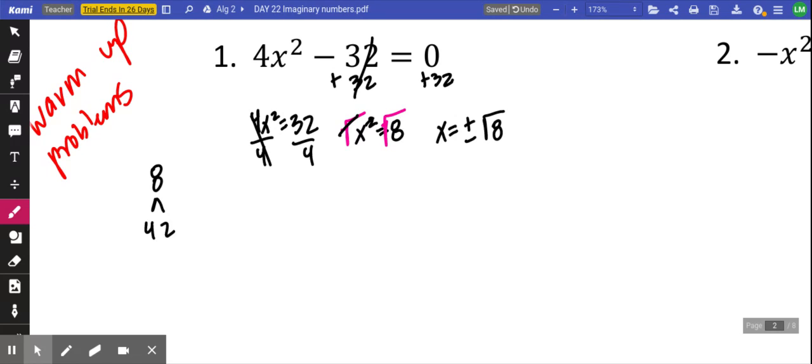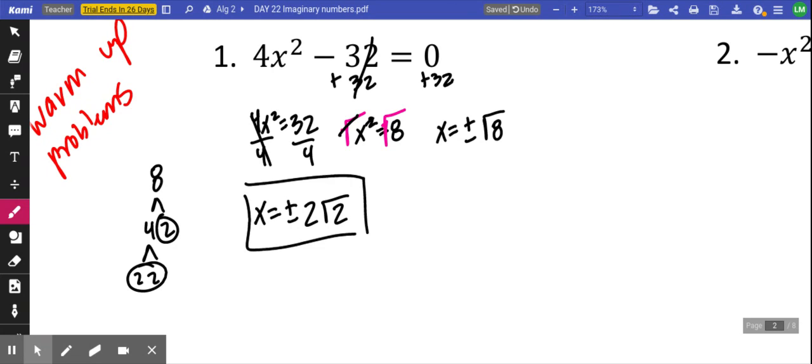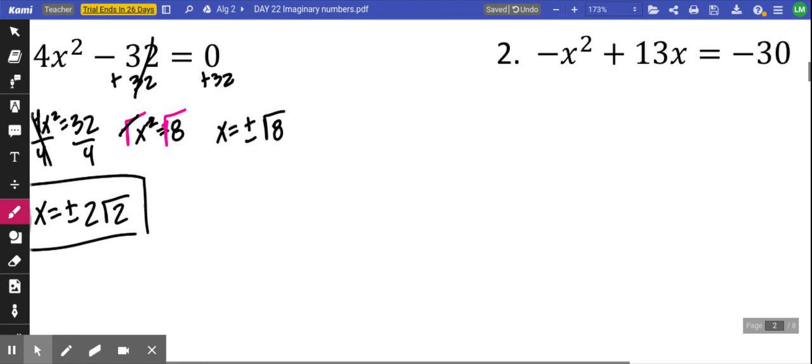So 4 times 2 is 8, and then 4 is 2 times 2. Hey, I've got a group of 2's, so I can pull one of those out, right, because I've taken the square root of it, and then one of them doesn't have a pair to come outside. So here's my answer. A couple things, don't forget that plus or minus, and always simplify that radical.